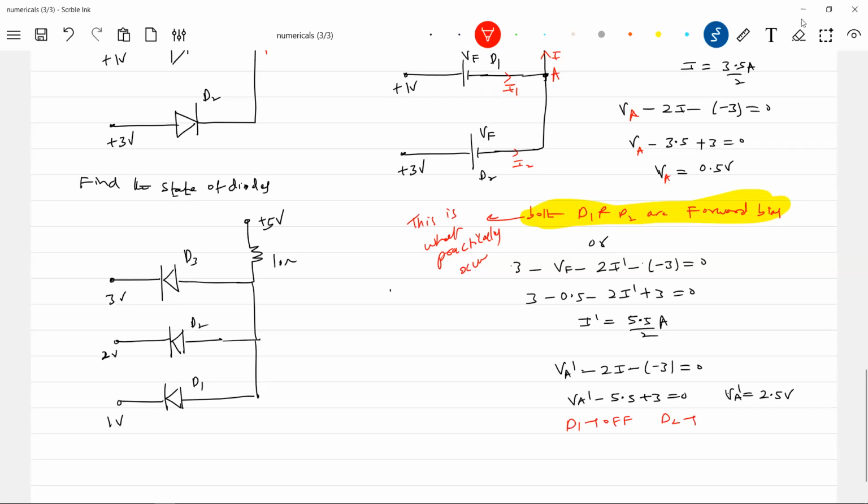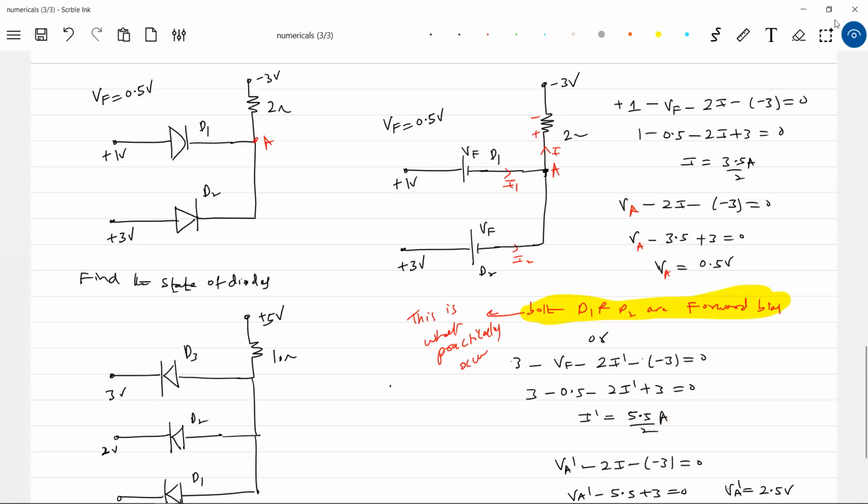D1 is off, D2 is on. Minus 0.5 volt. See, what you're telling here, minus 1.5 volt, 0.5 volt.